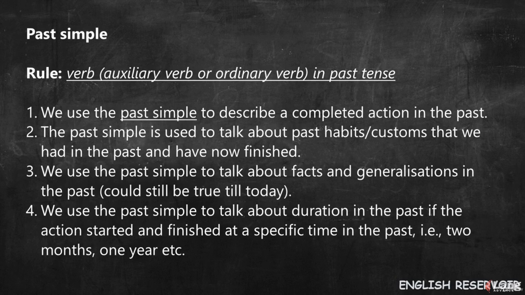We use the past simple to talk about facts and generalizations in the past. Could still be true till today. 4. We use the past simple to talk about duration in the past if the action started and finished at a specific time in the past, i.e. 2 months, 1 year, etc.